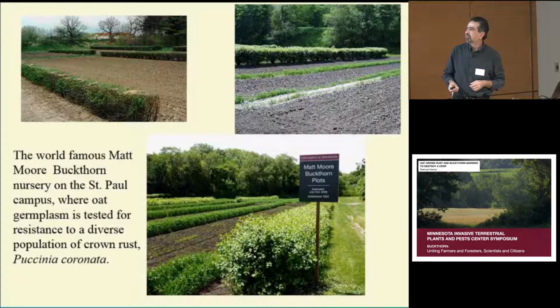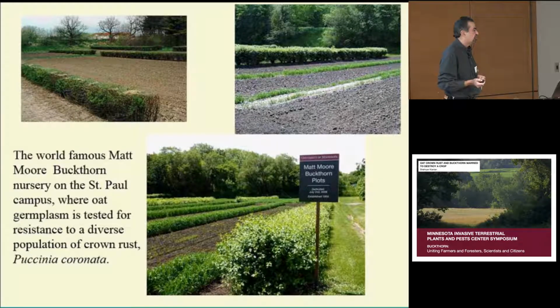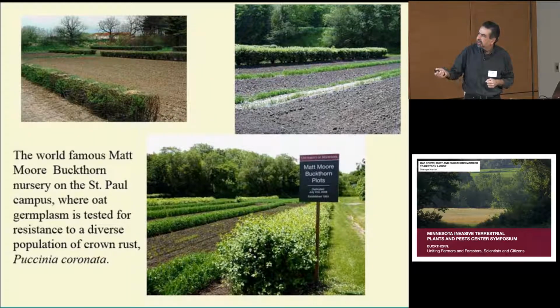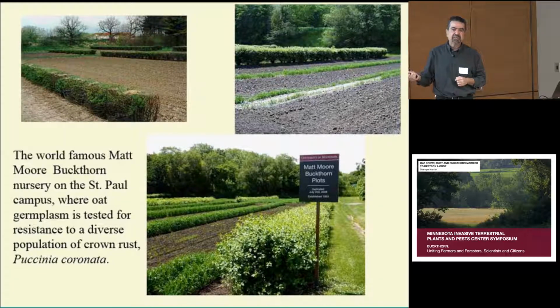So what we have used, a little bit northwest of here, if you see there's a sign that says Batmore buckthorn plots. And essentially you have these buckthorn hedges growing. And a scientist in our unit, Roger, who always trims them, hates them very much. But essentially what we use them for is to generate genetic variability.